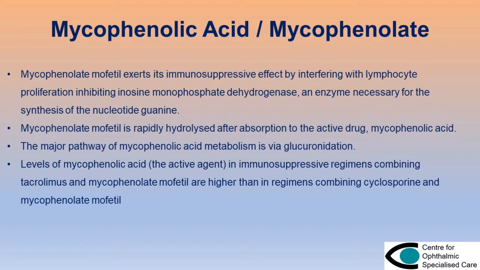Moving on to mycophenolic acid and mycophenolate, which is another important immunosuppressive treatment. Mycophenolate has its immunosuppressive effect by interfering with the lymphocyte proliferation, inhibiting inosine monophosphate dehydrogenase, which is an enzyme necessary for the synthesis of the nucleotide guanine.